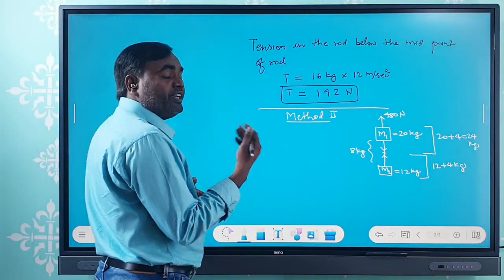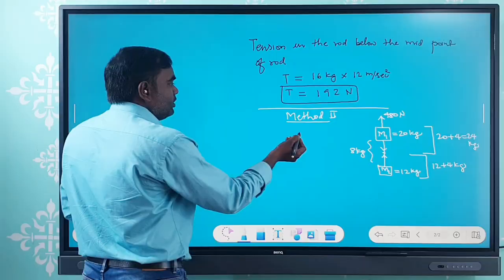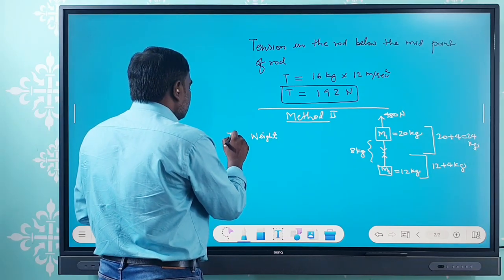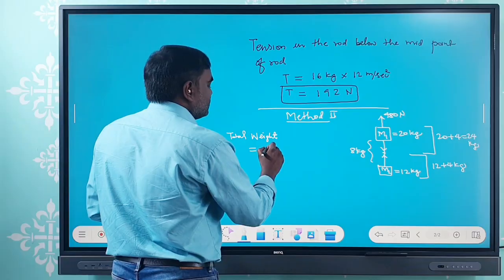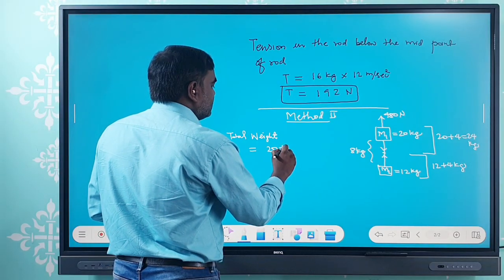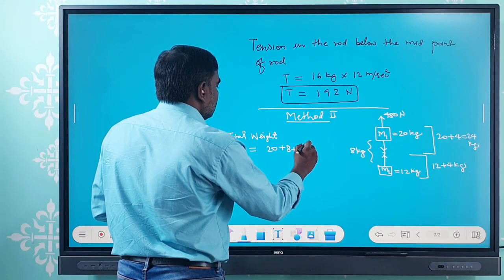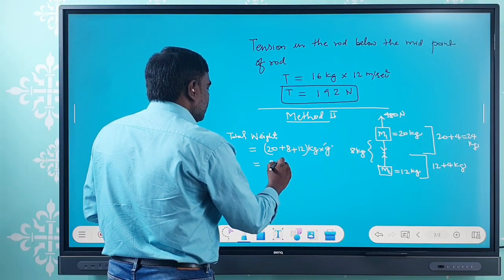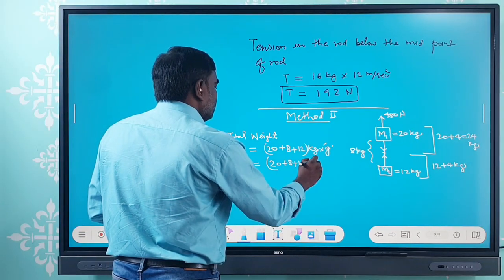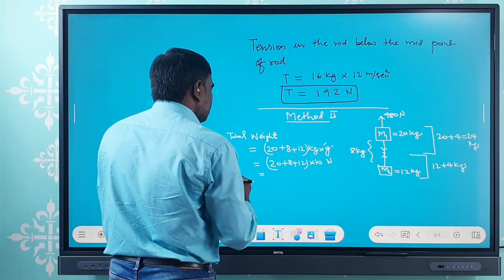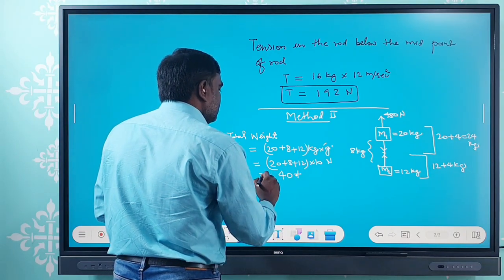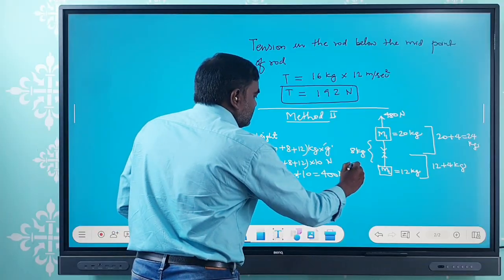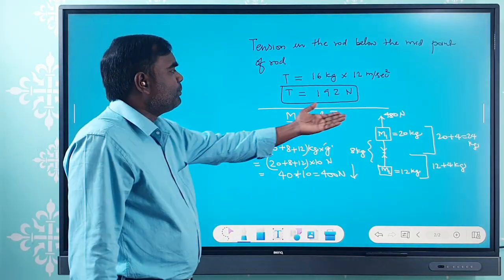The total weight is equal to 20 plus 8 plus 12 kg into g, the acceleration due to gravity, that is 40 into 10, which is 400 Newton, and this total weight is acting downward while the applied force is acting upward.